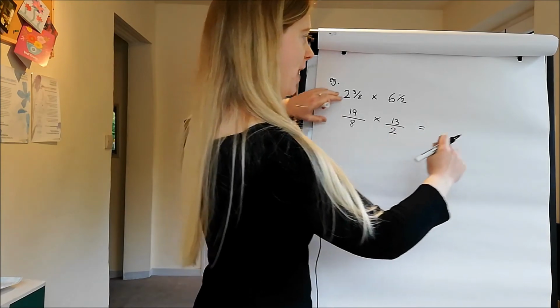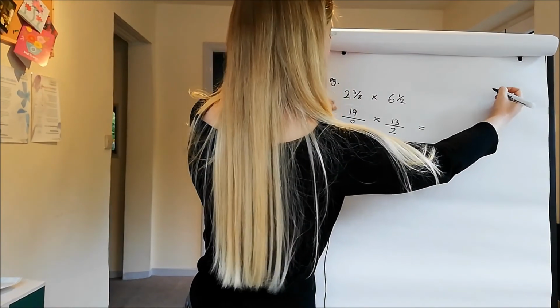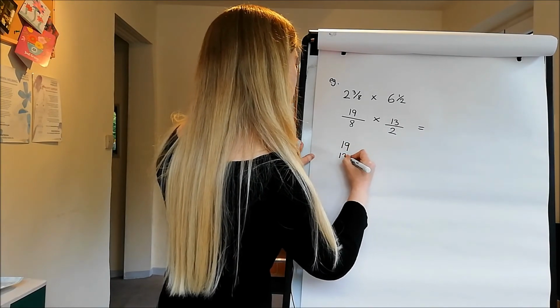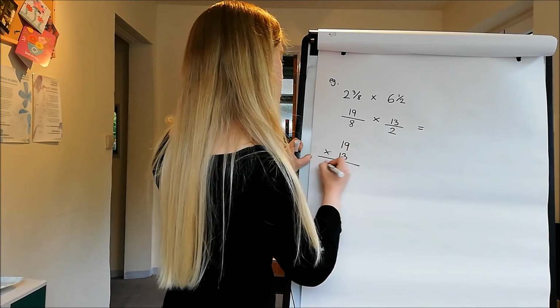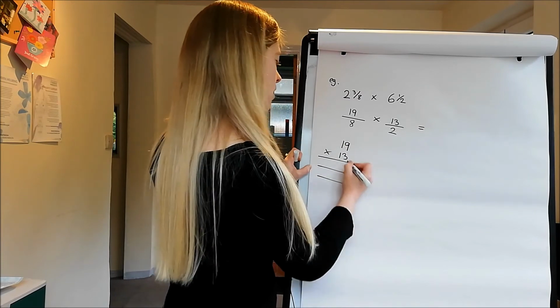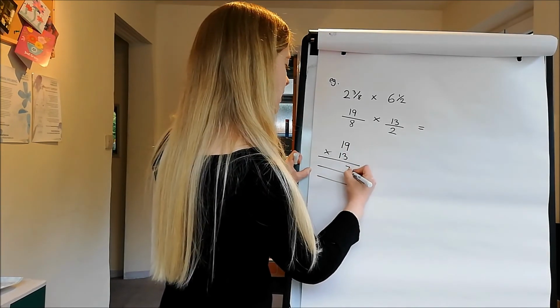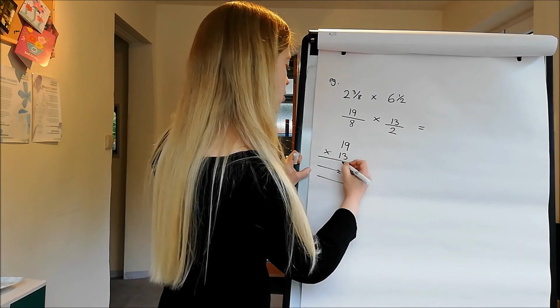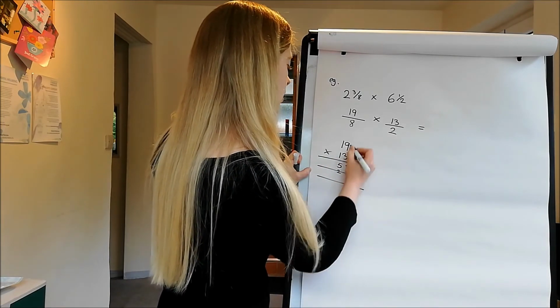I don't know what that is in my head. So this is where your long multiplication's going to come in. So I want to multiply 19 by 13. 3 9s are 27. 3 1s are 3 and add the 2 on makes 5.